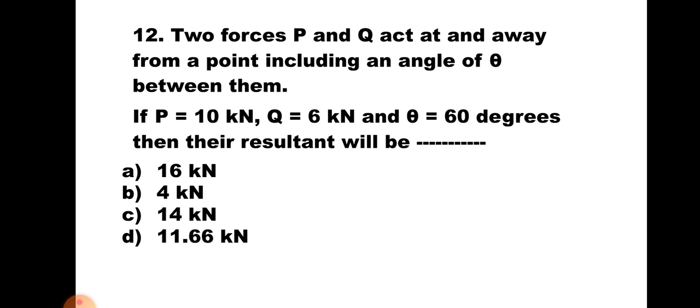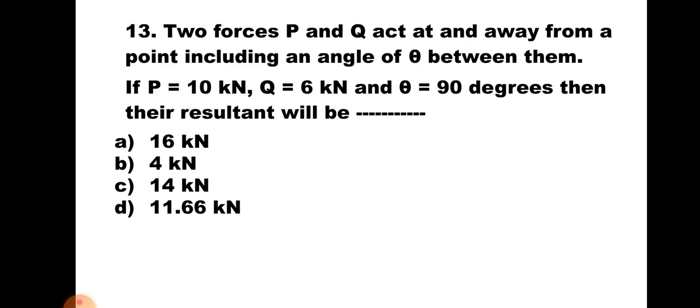Now this is the same question, only the value of theta has changed. So you put values of P, Q and theta in the formula R square is equal to P square plus Q square plus 2PQ cos theta. You will get the value of resultant as 14 kilonewton. Hence the correct answer is C, 14 kilonewton.